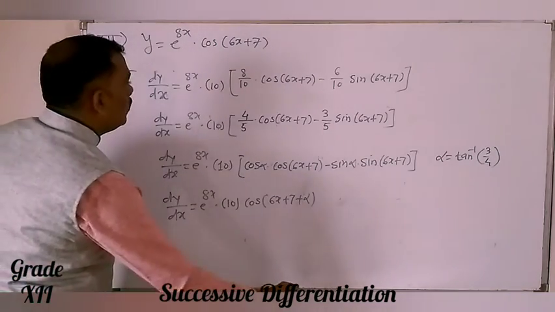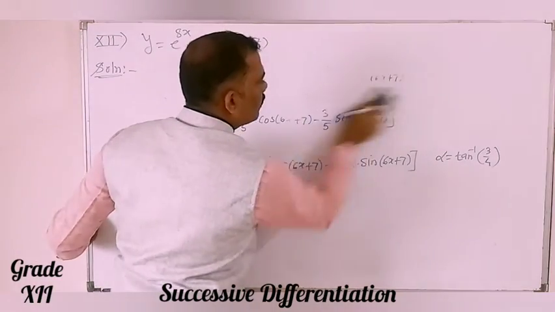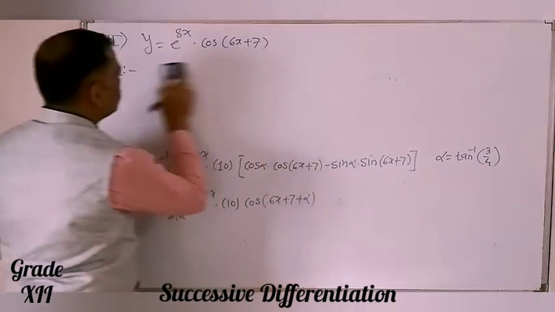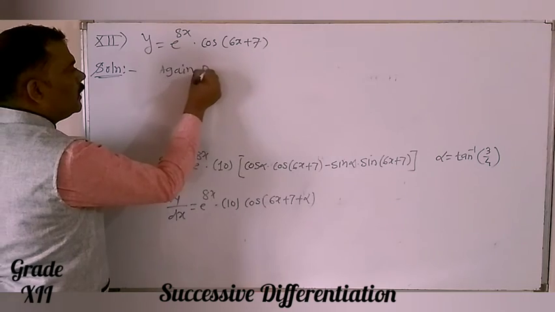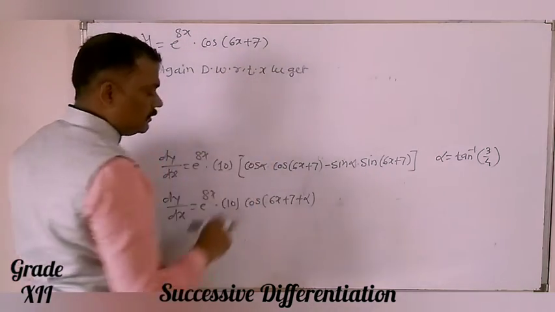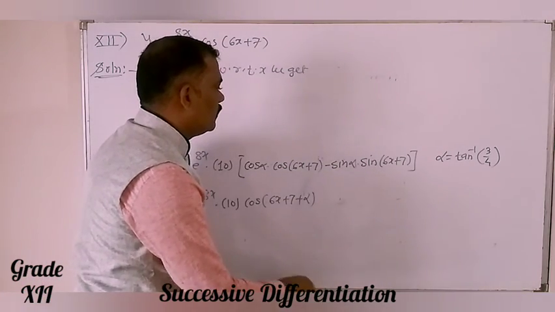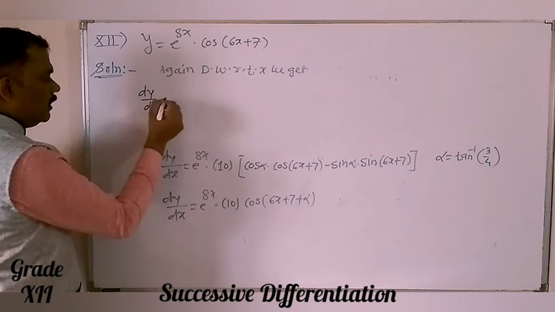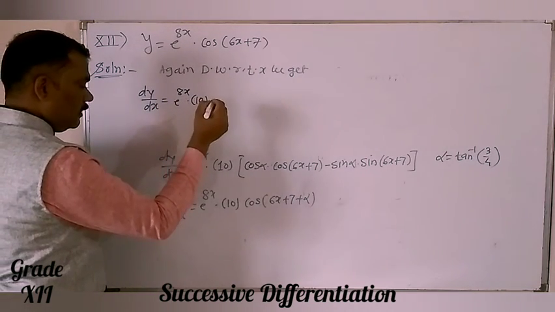Again we have to differentiate with respect to x. We get dy by dx is equal to e raised to 8x into 10.